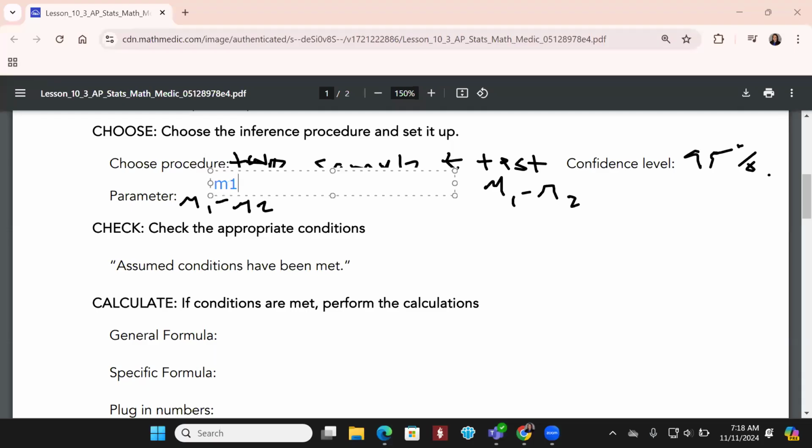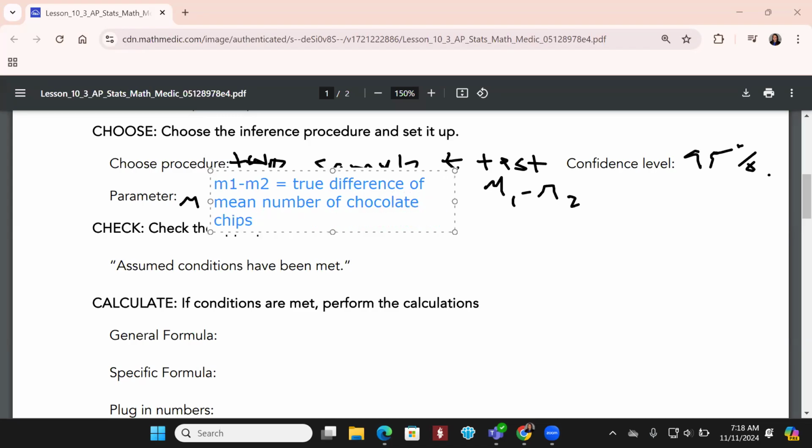So mu1 minus mu2 is equal to the true difference of mean number of chocolate chips. What does it say after confidence level? 95%.